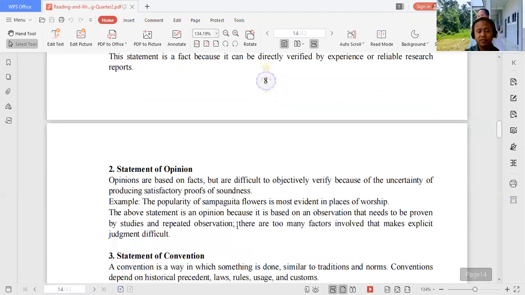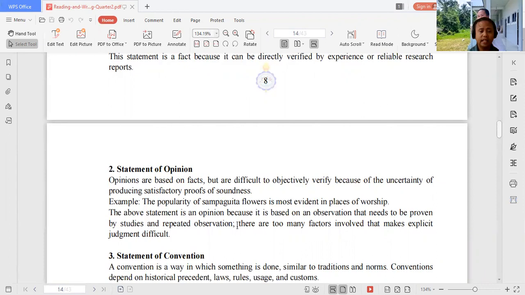So the above statement is an opinion because it is based on an observation that needs to be proven by studies and repeated observation. There are too many factors involved that make explicit judgment difficult.